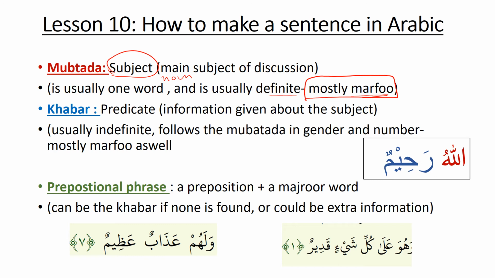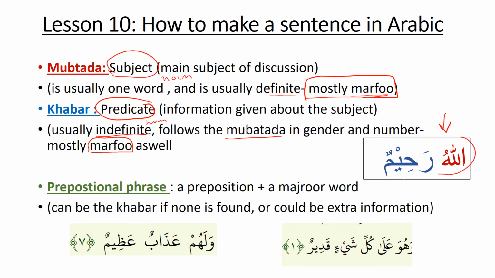The second part of the sentence is the khabar, which is the predicate, the information that we give about the subject. Usually it's indefinite. If it's a noun, it's usually going to be indefinite, but sometimes it can be definite depending on the context of the sentence. But in any case, it follows the mubtada in the gender and the number, mostly marfu as well. So for example, we have a very simple sentence over here. Allahu Rahimun. Allah is Rahim, is merciful.